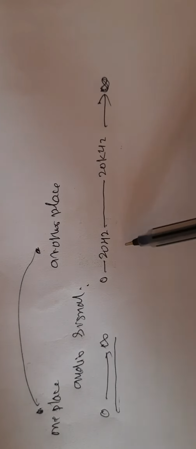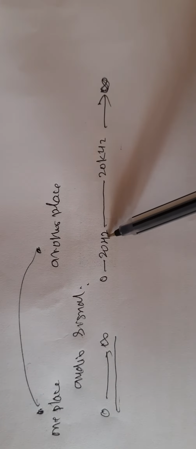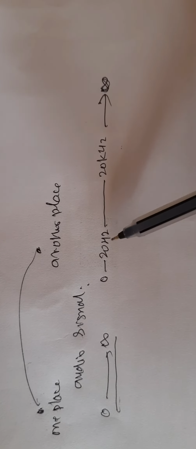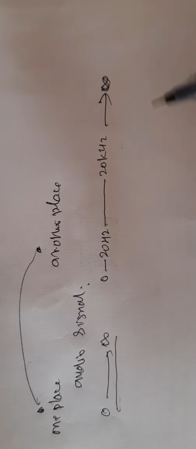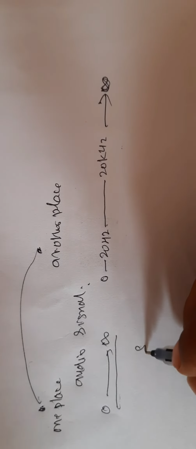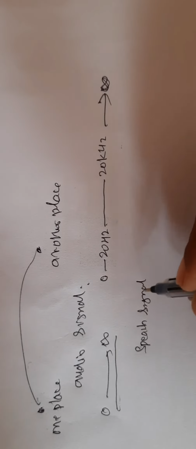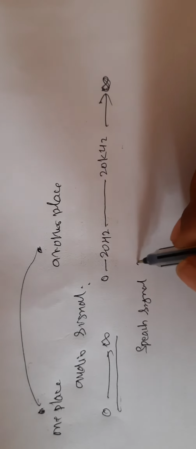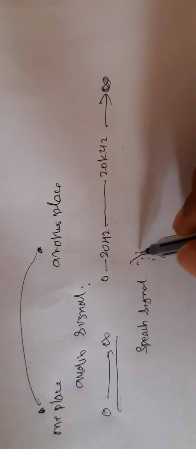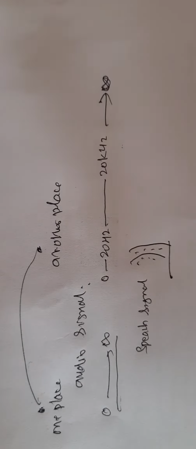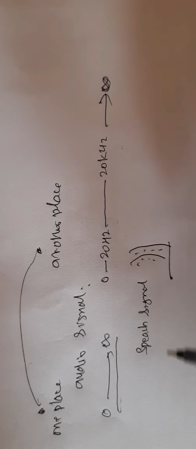Now, frequency means the number of vibrations in 1 second. What I am speaking is a mechanical signal. The speech signal is our mechanical signal. That means it consists of trough, crest, trough, and crest. When I speak, I am giving energy to the air particles of the medium.